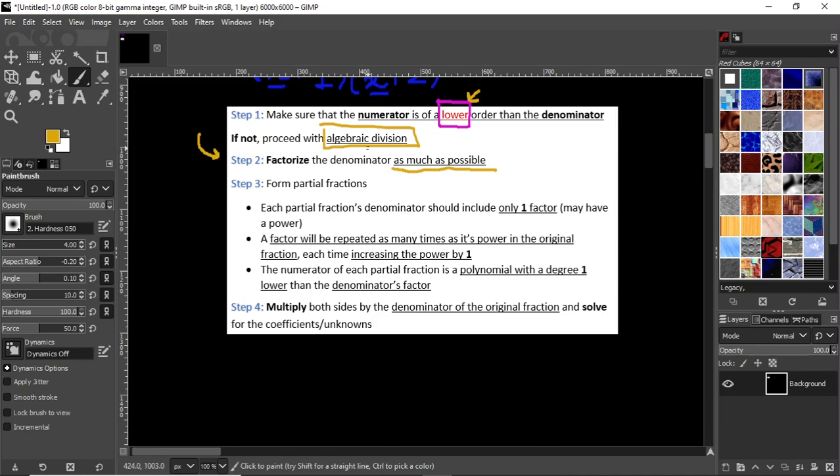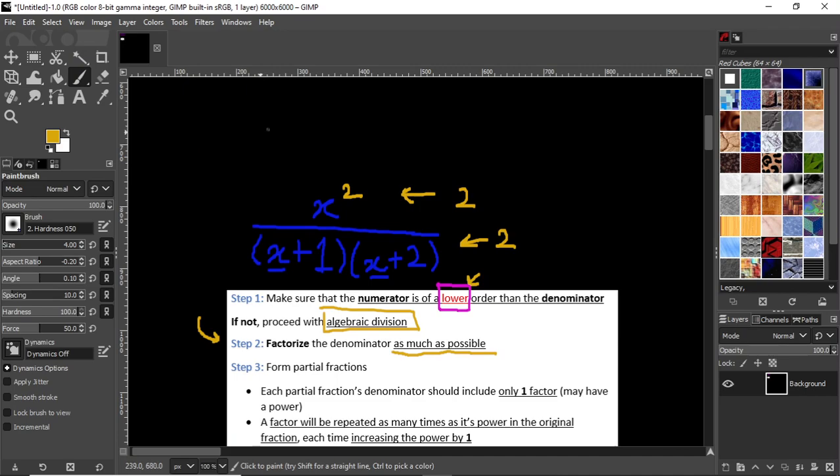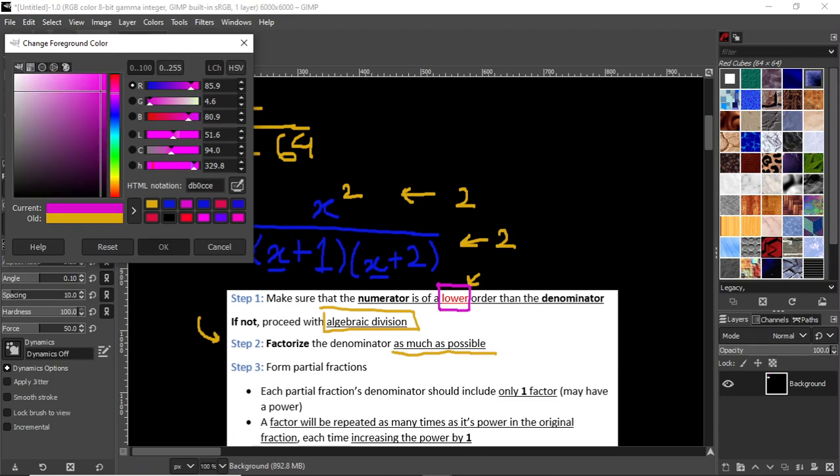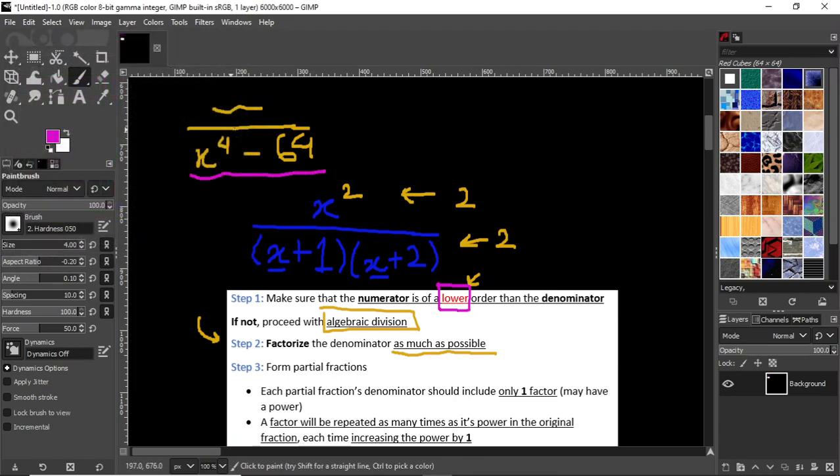What I mean by that is, suppose you had something in the numerator, and you have x to the power of 4 minus 64 in the denominator. So this is clearly something we can factorize more. We can definitely factorize this.